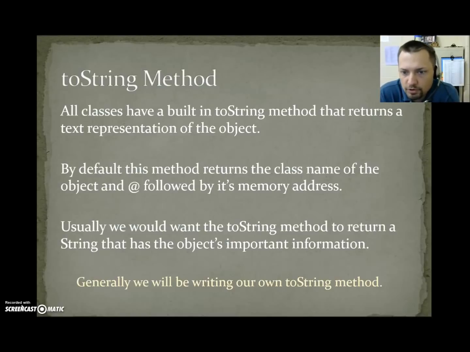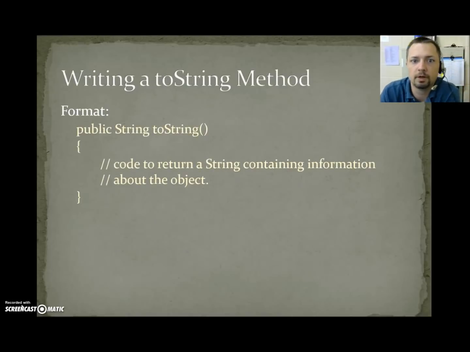Usually, we would want the toString method to return a string that has the object's important information. Generally, we'll be writing our own toString methods. The format for writing a toString method: public String toString, and then inside you'll have code to return a string containing information about the object.